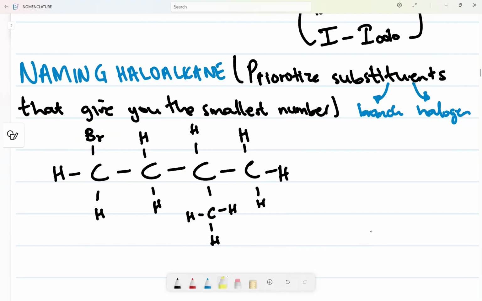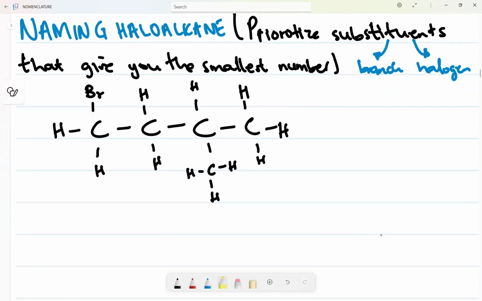Exactly. So now, when I name, I do not prioritize a halogen, or a branch. I want you to see this. When I start counting from that side, if I start counting from my right, it is 1, 2, 3, 4.